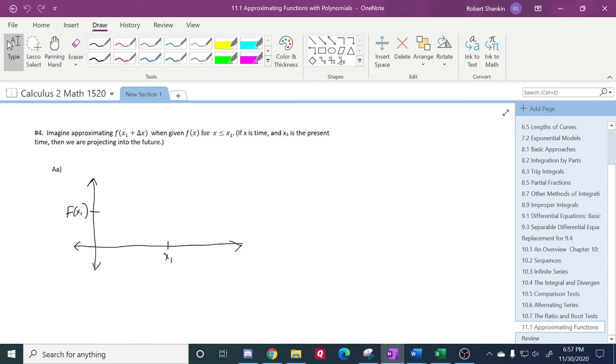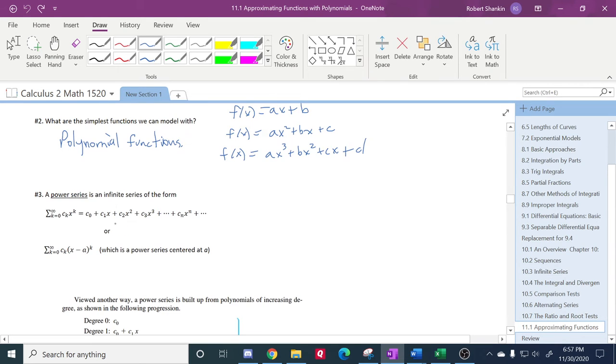Alright. So, in this first case, let's suppose that we had a line. We got to go through this point right here. Get that line a little bit better.